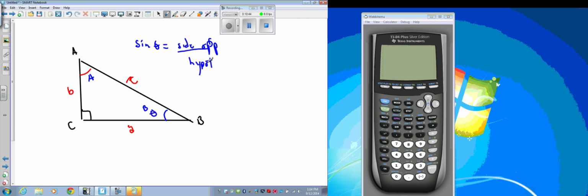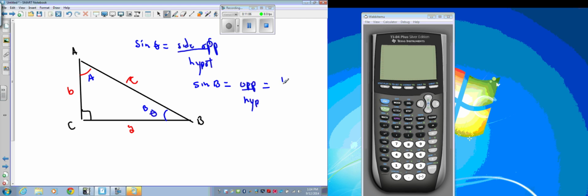So our theta is actually the angle at B. The sine of B, and the side opposite is what? Small b. So it's opposite over hypotenuse.